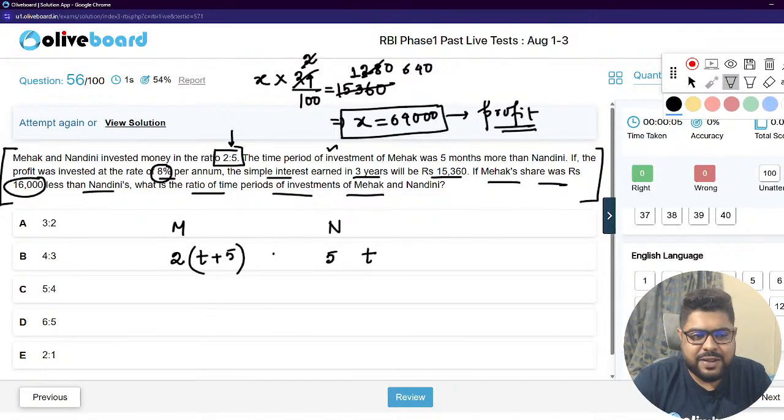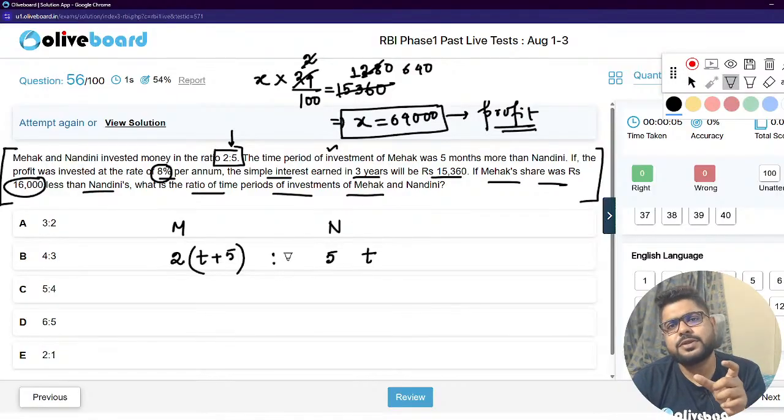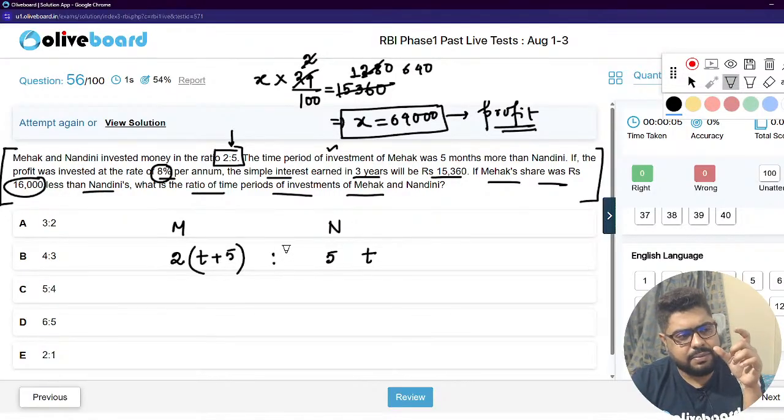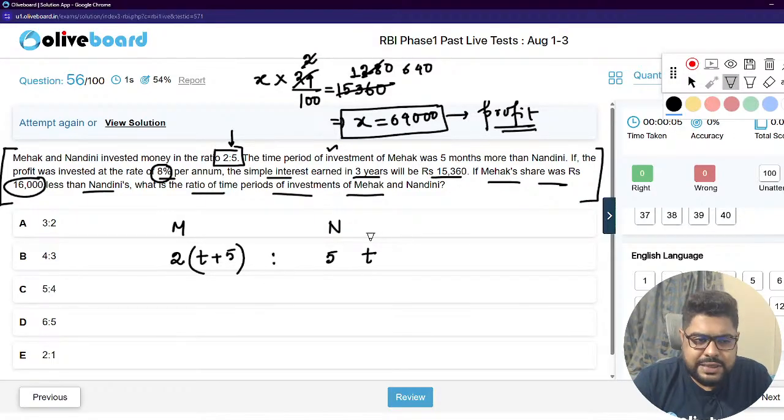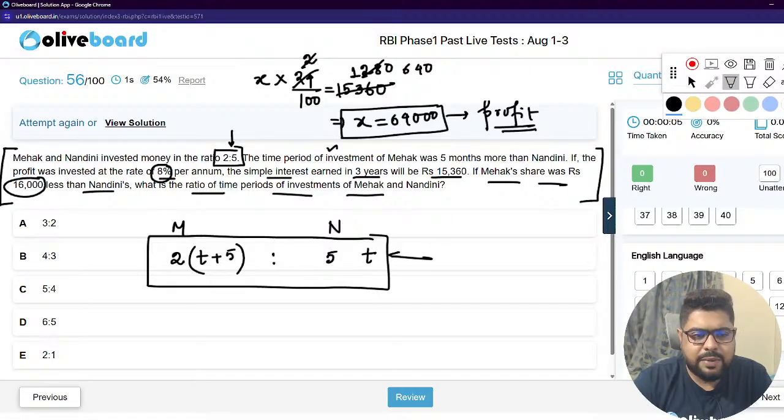So this is the profit sharing ratio, because profit sharing ratio is your investment ratio into the time ratio, the compound ratio. Now what is given? How will we make our equation? We will make our equation with this data, 16,000.